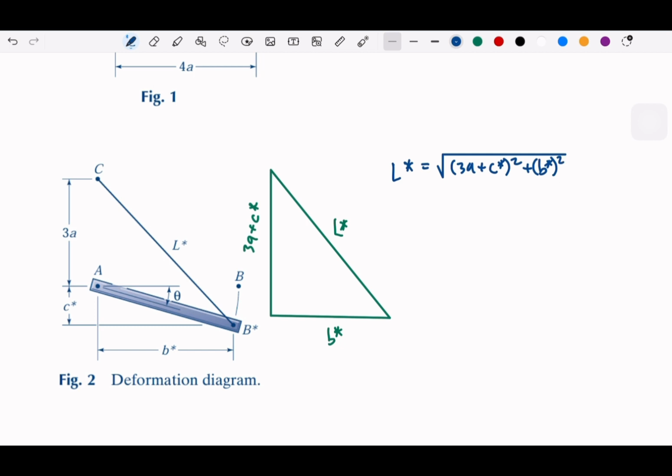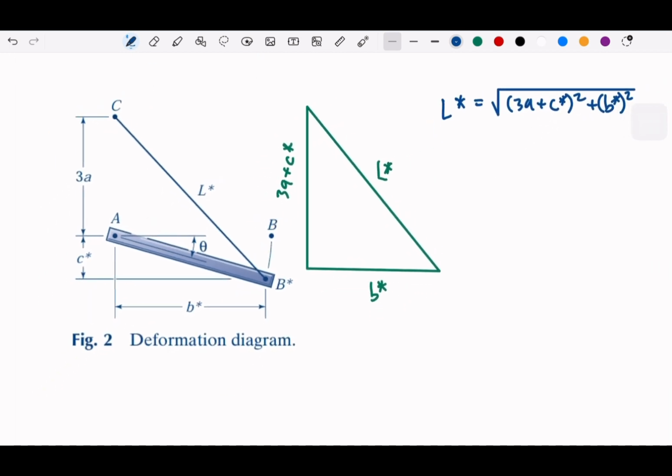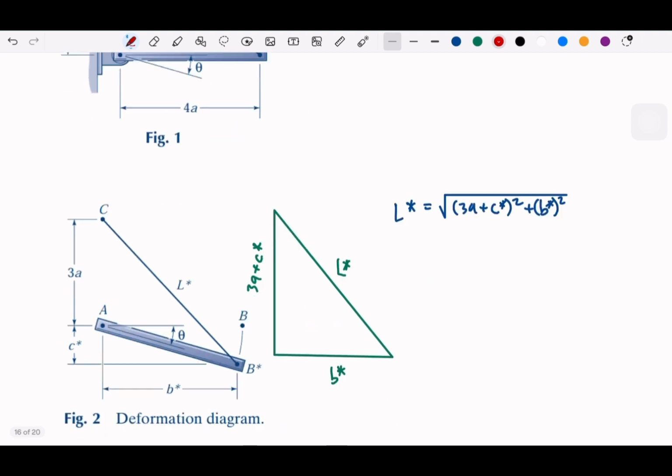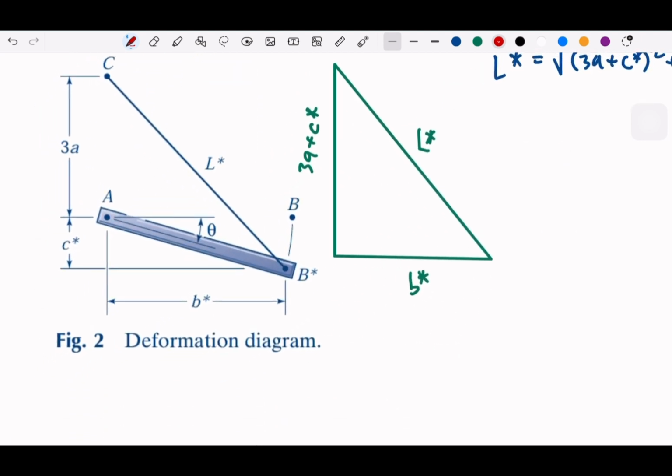Let's take L using the Pythagorean theorem. Now, looking back at this theta, if we take 4A as AB, let me add 4A here.